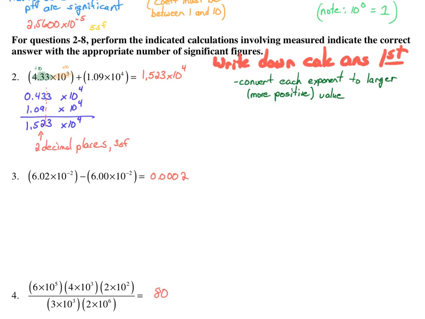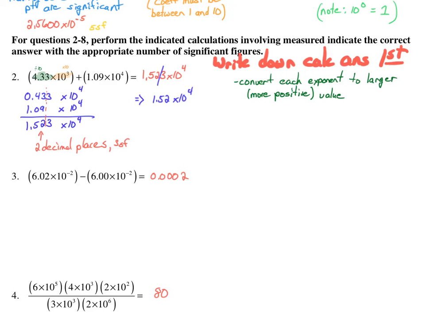So we look to our calculator answer. Now we can use 3 sig figs or 2 decimal places, and we can write our final correct answer as 1.52 times 10 to the 4th. And note we can only line up the decimal points this way when we have both of the numbers written to the same power of 10.